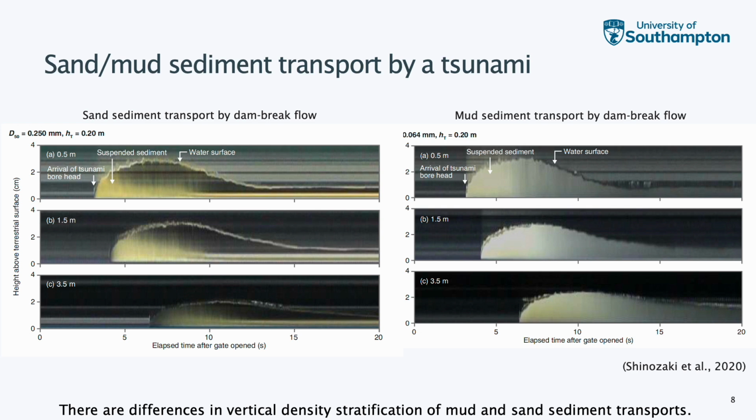In the case of mud, the sediments are distributed uniformly in the vertical direction, and the density of suspended mud sediment near the bed is almost the same as the density of the suspended mud sediment near the water surface.